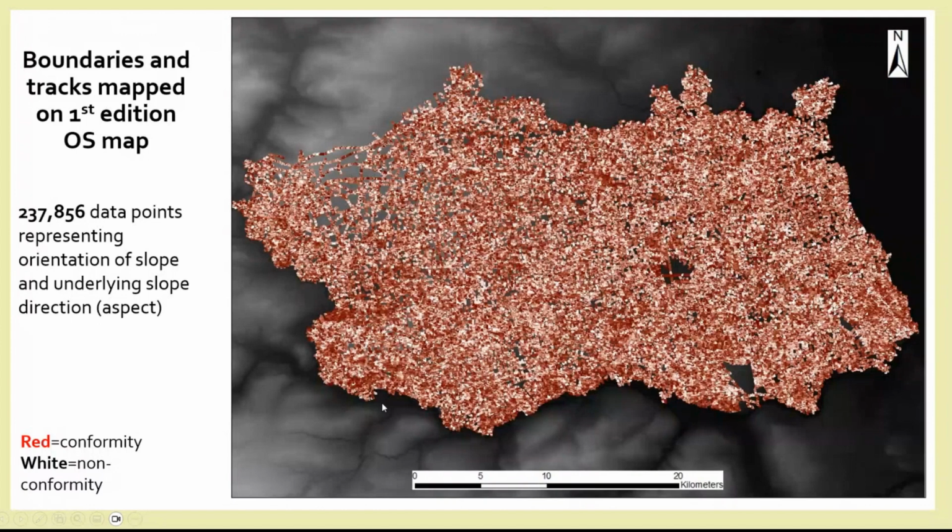You've got this area around here, which I think is around the River Reed, and there are a few patches where there's greater conformity, obviously along the River Tyne, which isn't surprising. But at this scale and level, this mode of analysis wasn't really that helpful.